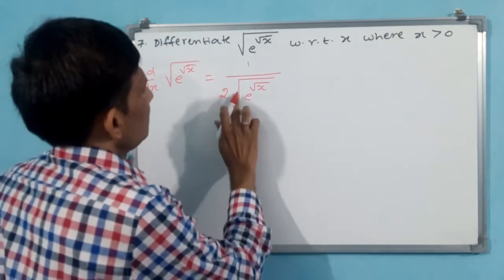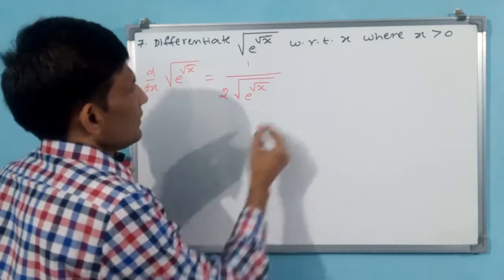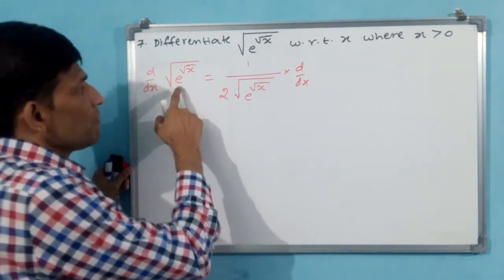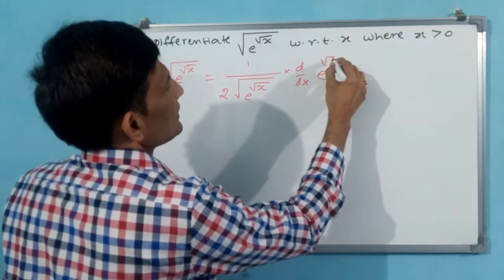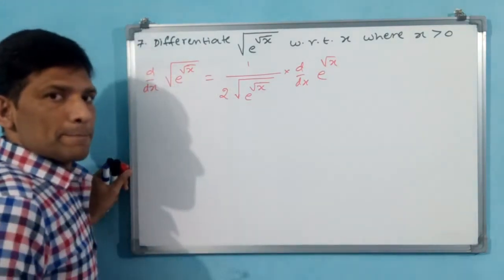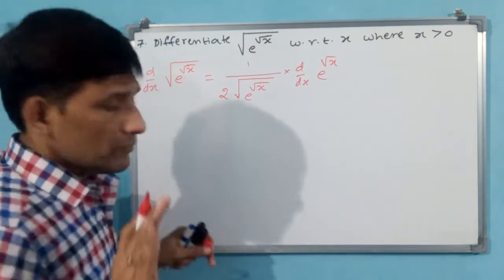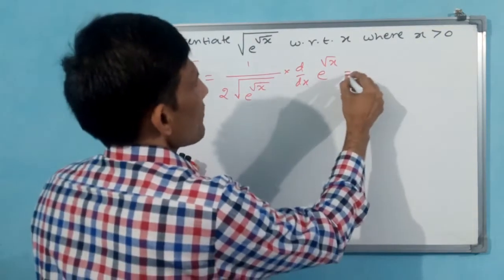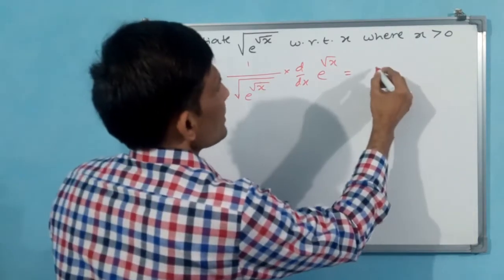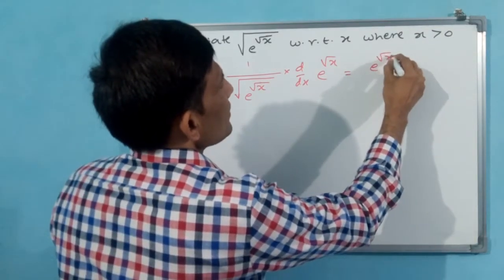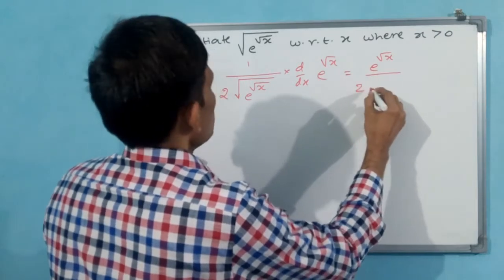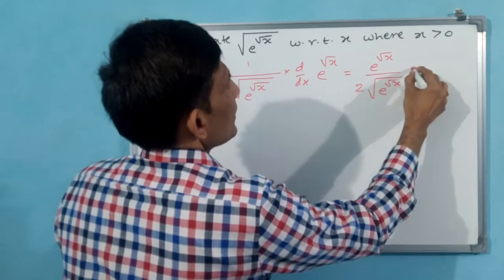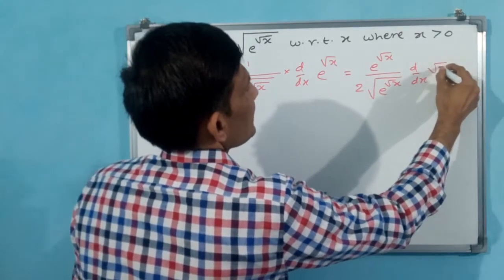Okay, into d/dx of e^(√x). Now I will take this as e^x. d/dx of e^x is what? e^x, that's all. That means you write first of all e^(√x) by 2 square root of e^(√x), into again d/dx of √x. Is it correct?